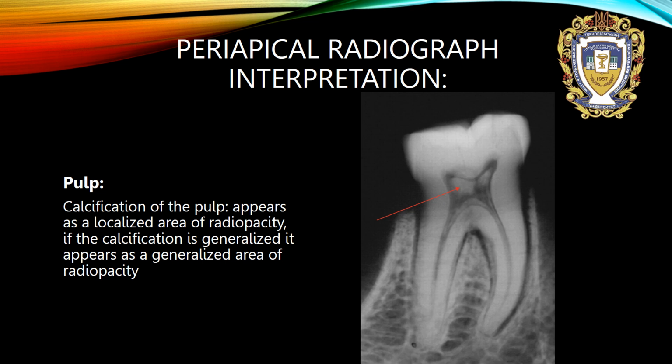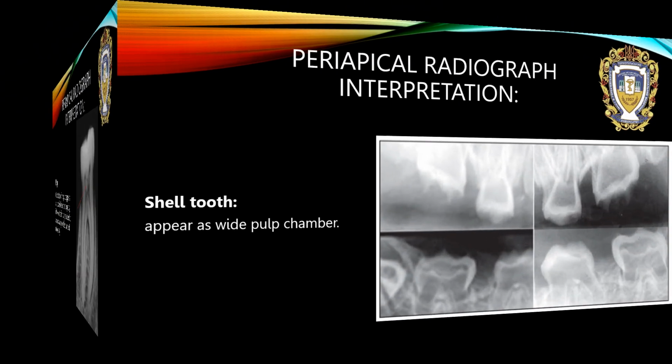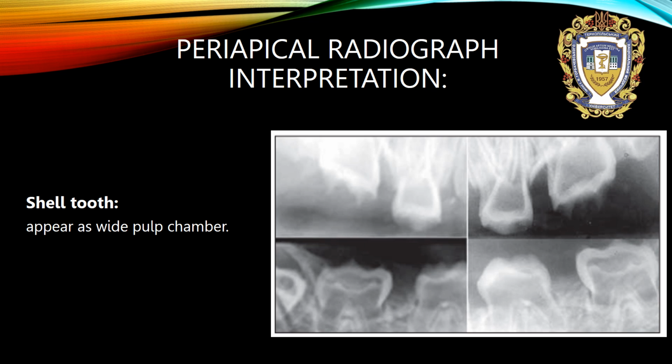If the calcification is generalized, it appears as a generalized area of radiopacity. A less widespread situation like shell teeth appears as a white pulp chamber, like a wide pulp chamber.